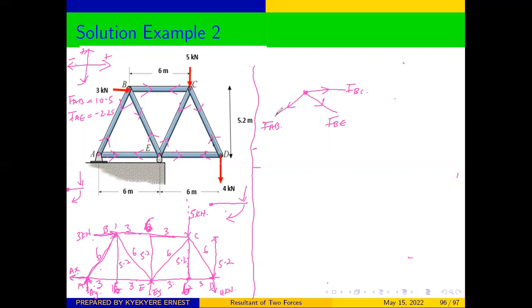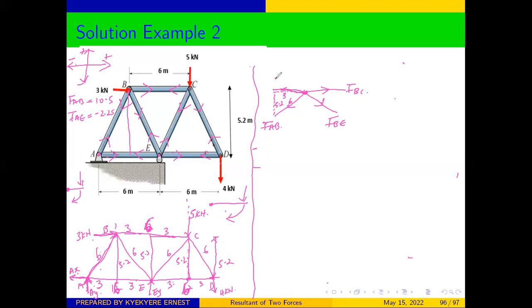These ones are not in the X and not in the Y, so we need to resolve. But we already know that from B to A, the horizontal distance is 3 and the vertical is 5.2, the hypotenuse is 6. If you want to resolve this force, look at it, we are going to move in this direction on X, and this direction on X is negative.